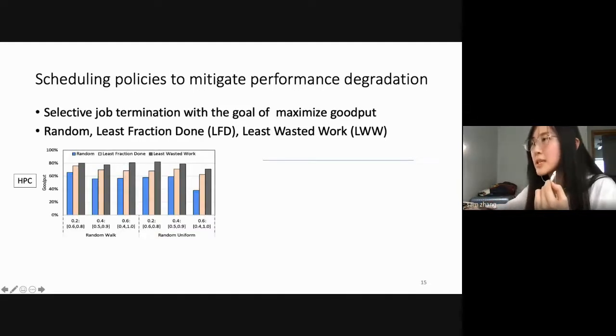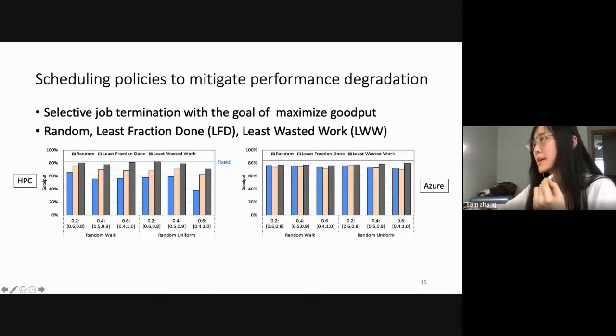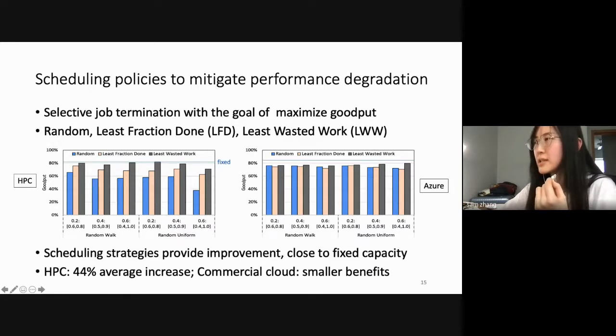The first is the HPC workload, where we vary the different policies for each cluster, and this horizontal line represents a fixed scenario for comparison. Similarly, we have the Azure workload here, also measuring the different policies. If we look within each cluster, we can see that the scheduling strategies provide improvements.